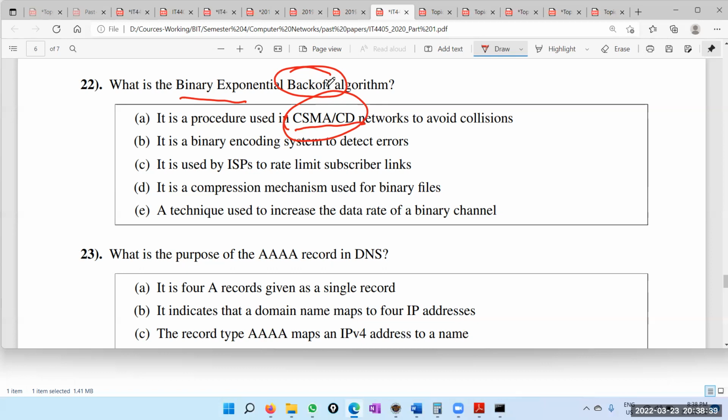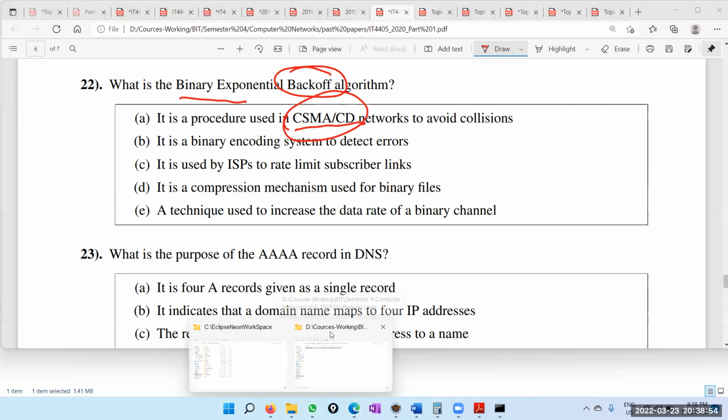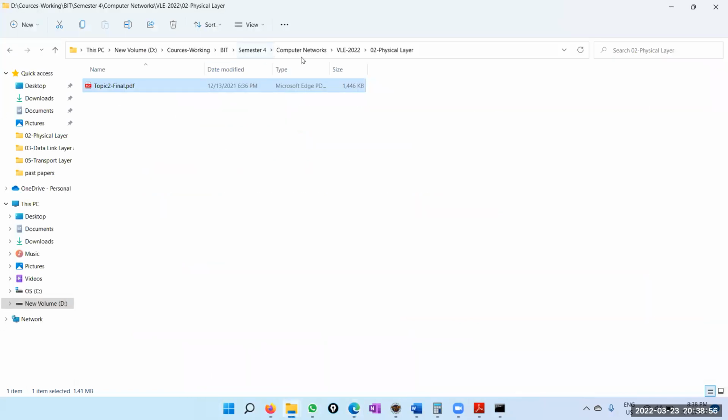What are the possibilities? One in n, the p probability strategies. Let's open the note. Those are the back-off strategies. Right?